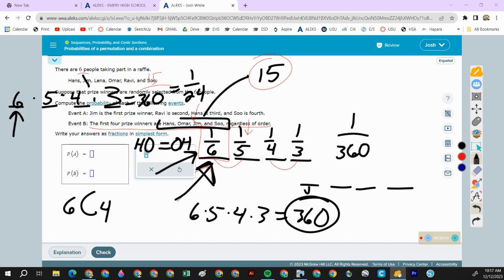You put Jim in the first spot. How many ways are there to put Ravi in the second spot? 1. And Hans in the third spot? 1. And Sue in the fourth? 1. So we would do 1 out of 360. So there are actually 2 different ways to do A.